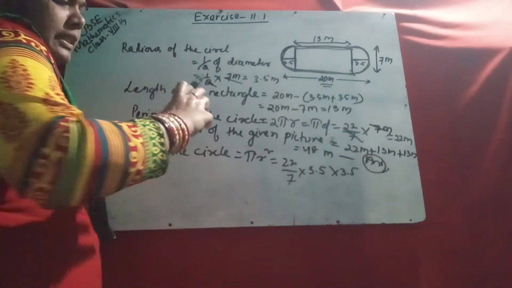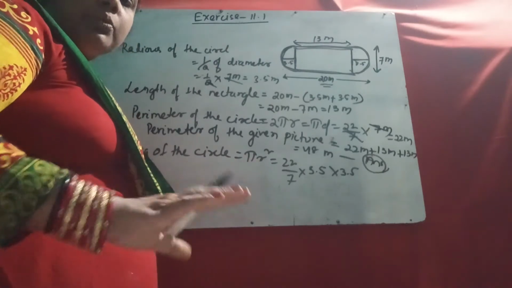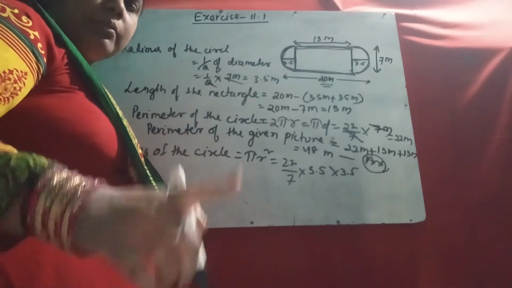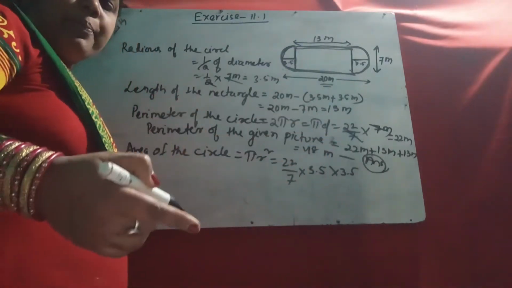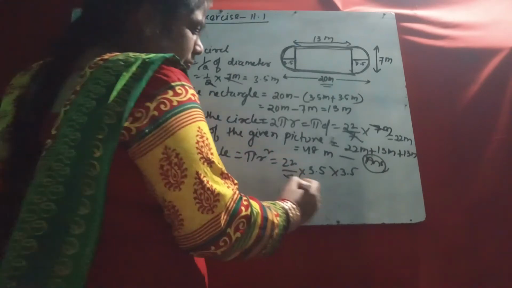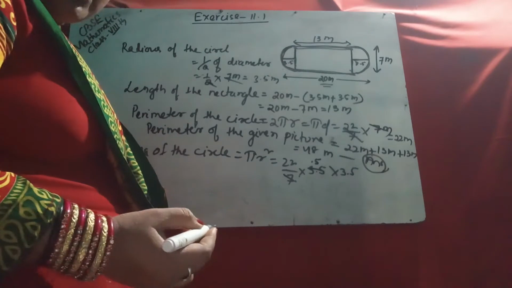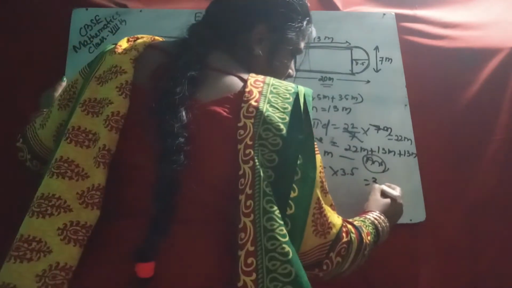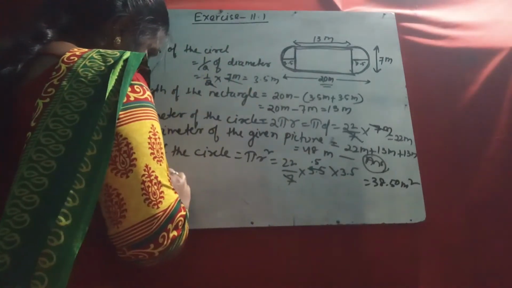There are two semicircles, and two semicircles make one complete circle, so I just find the area of the circle. After multiplying you will get the answer 38.50 meter square.